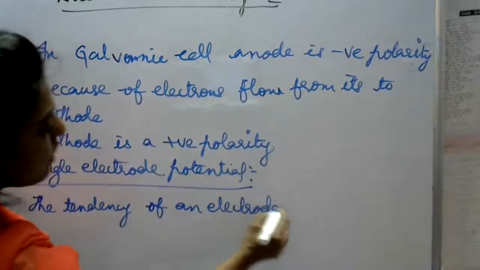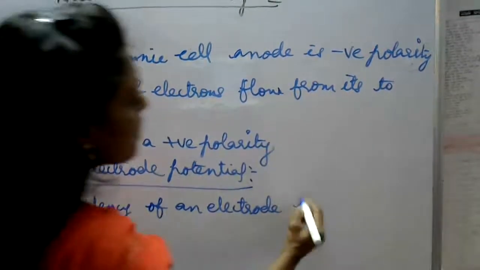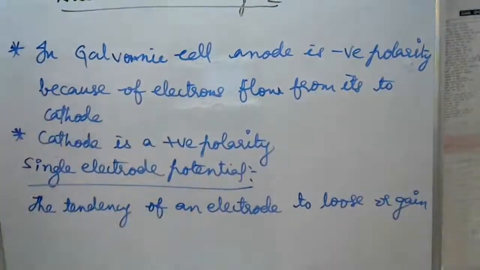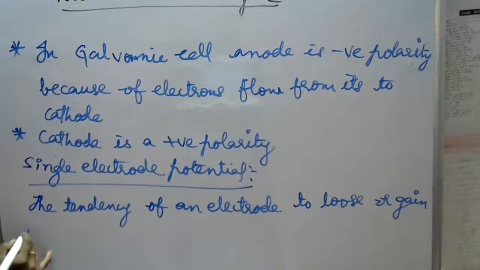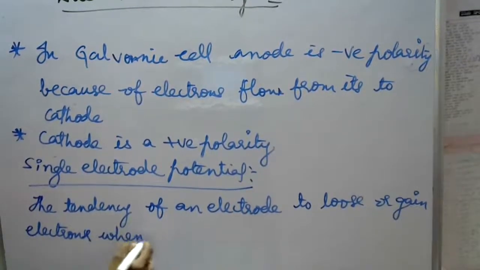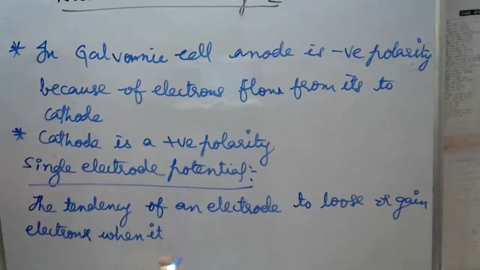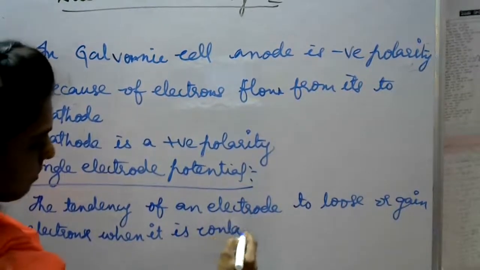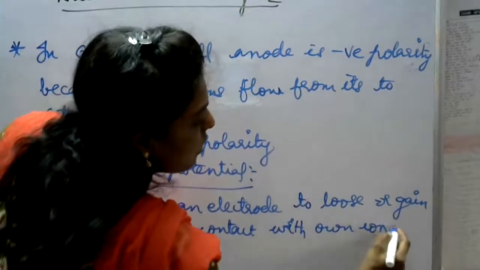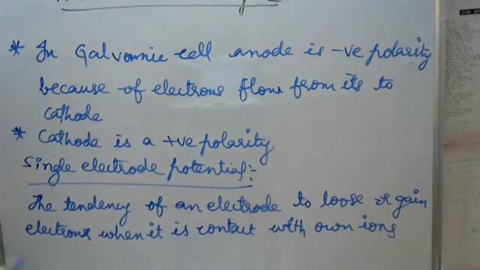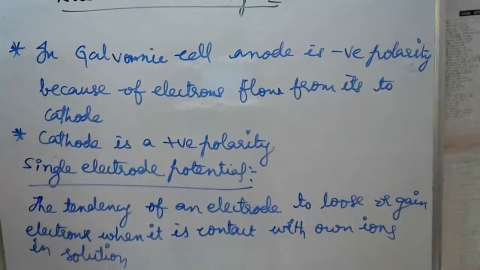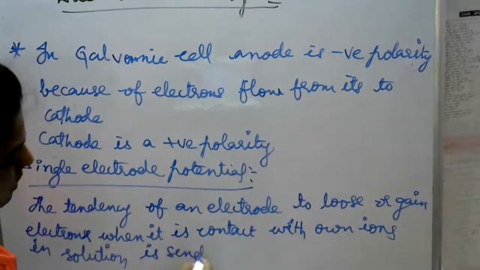The tendency of an electrode to lose or gain electrons when it is in contact with its own ions in solution is called single electrode potential.